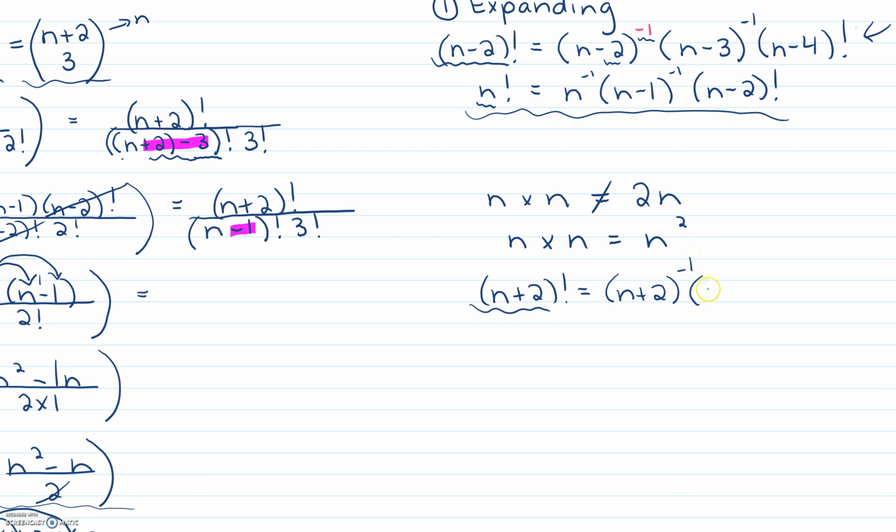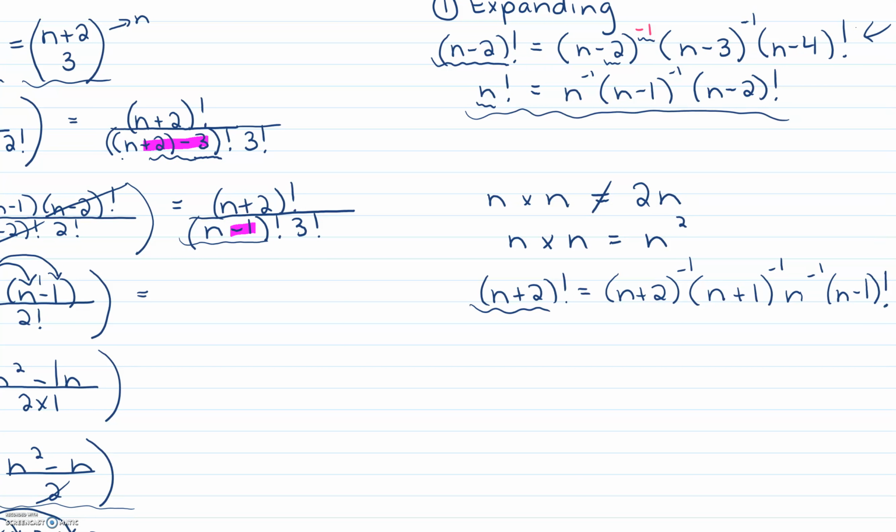Well, n plus 2 minus 1, the n's not affected because there's no other like terms there. But 2 minus 1 is 1, plus 1. I'm going to keep going with this. Well, plus 1 minus 1 is just n. We don't want to stop there. I'm going to keep doing minus 1. So n minus 1. And I can notice here that there's an n minus 1 at the bottom. So that's where I want to stop.